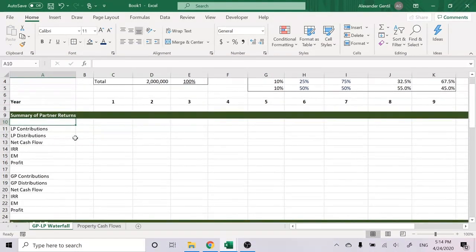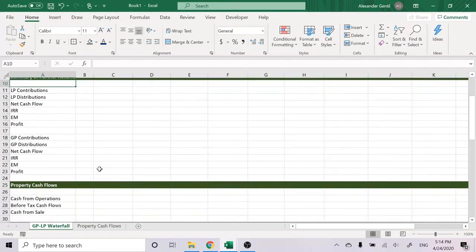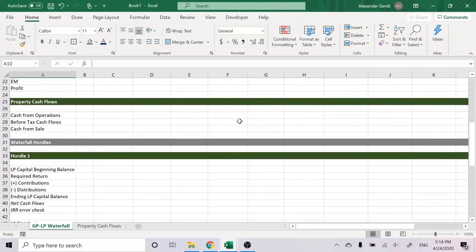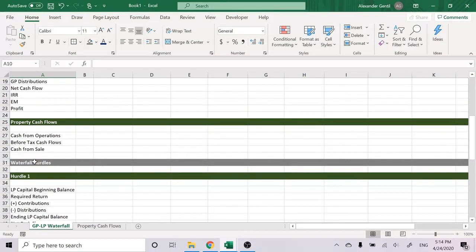Here we have the summary of the partner returns and the various return metrics, and that we'll do at the end. But now we just want to look at the property cash flows. I just separated this out because it's important to know what is cash from operations and what is cash from sale.